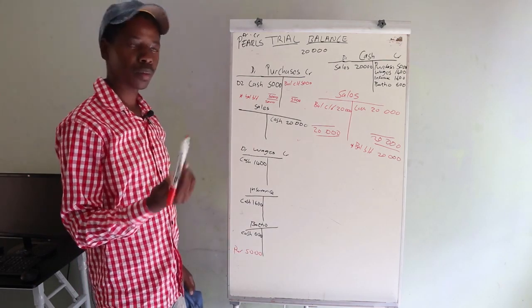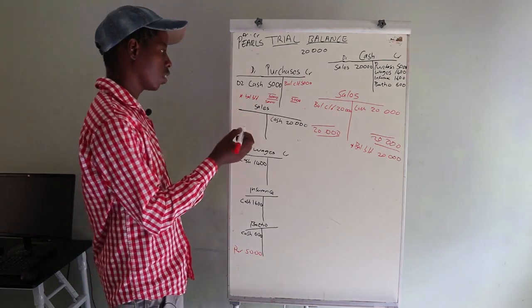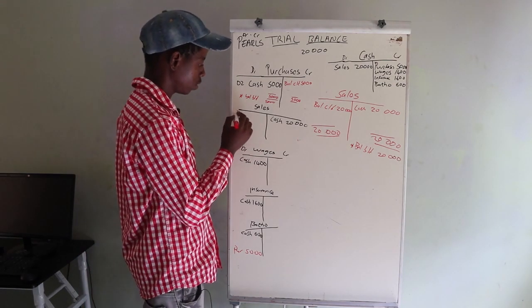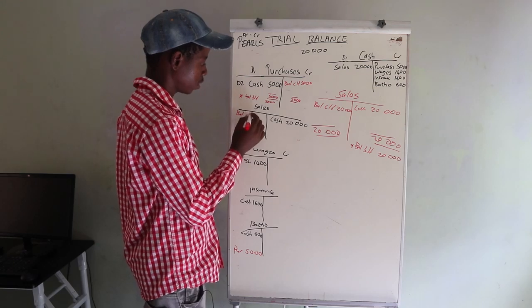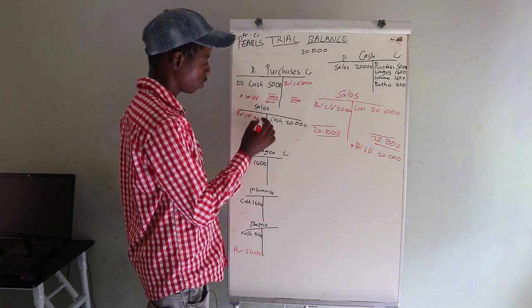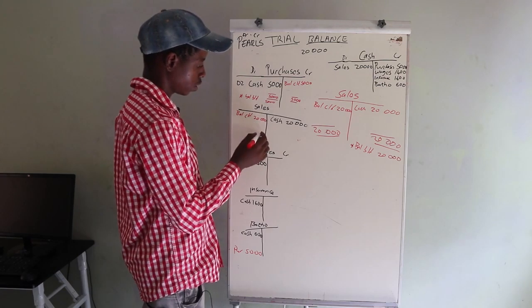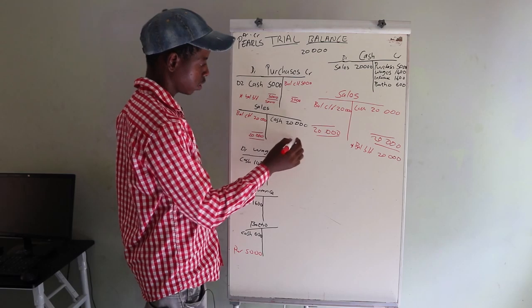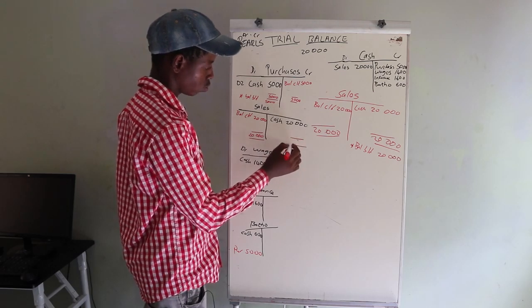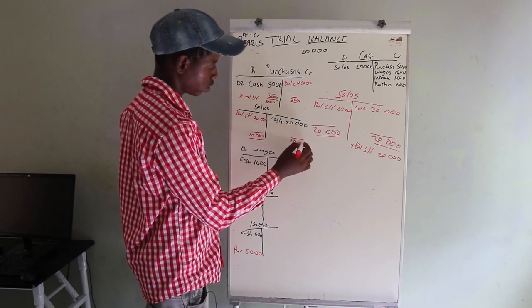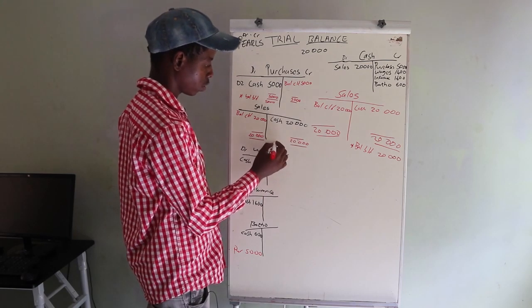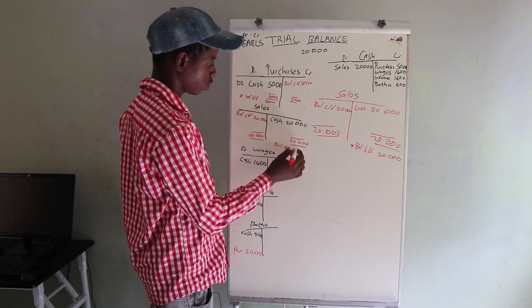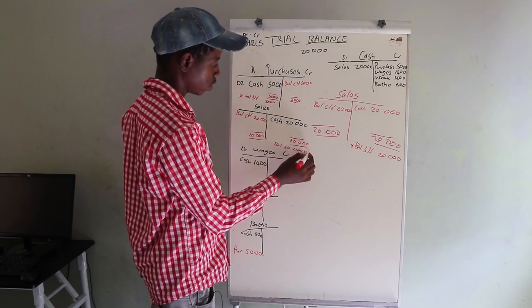So that's how we balance sales. So let me write it here. Balance CD 20,000, and then we write 20,000 here, 20,000, and then we have under balance brought down 20,000.